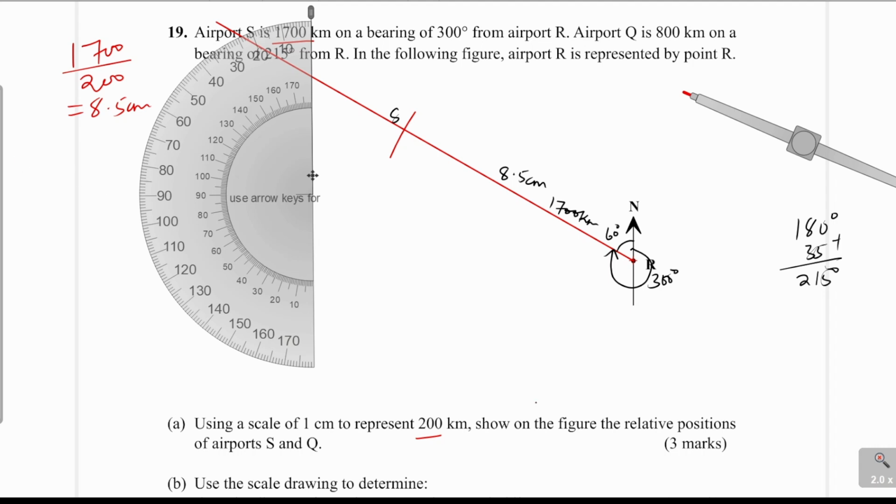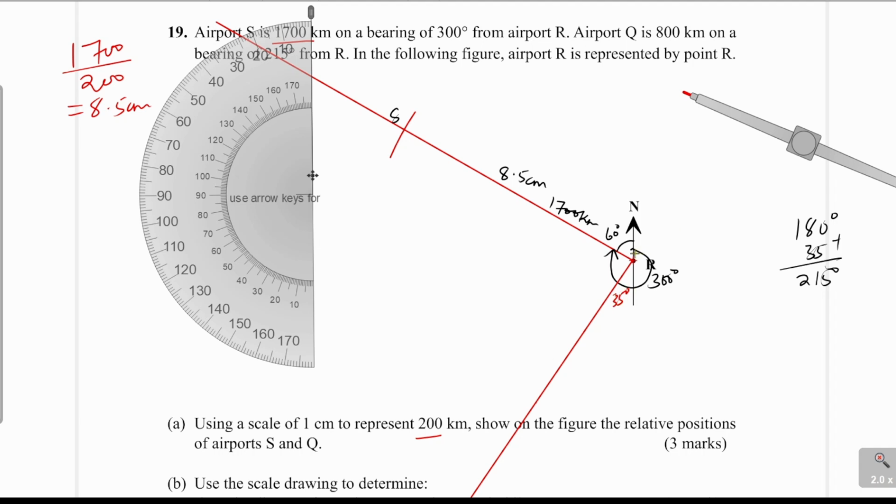So using that point I'll draw a straight line. So from that point, 35 is there. So this angle here is 35 degrees, and the whole of this is 180.